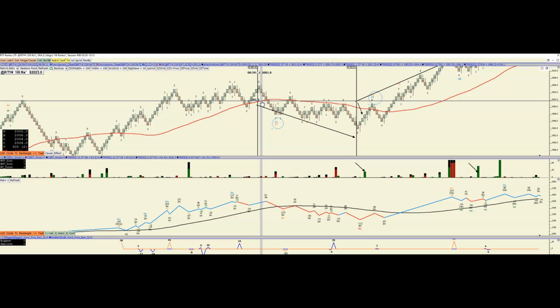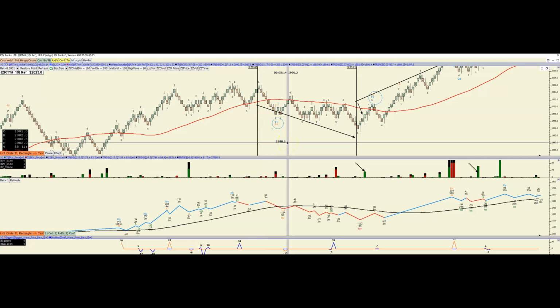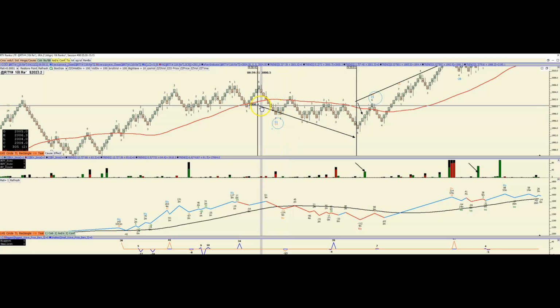So basically you have less reward and less probability of success. That's the distinguishing feature between trends and counter trends from a pure trading perspective.